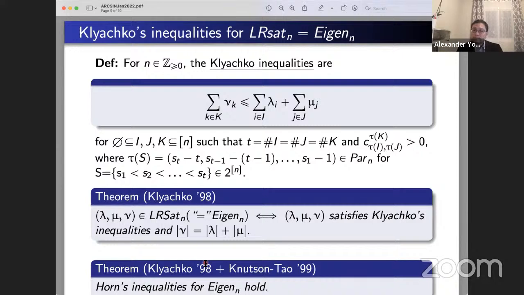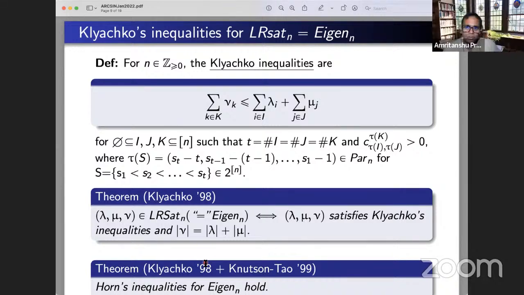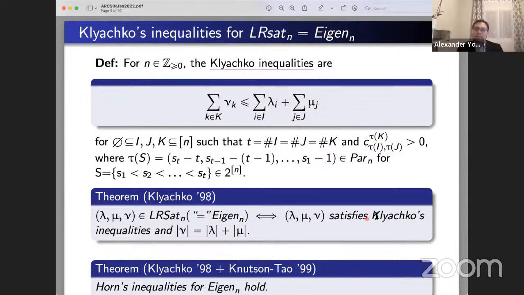Is that clear? So Klyachko actually refers to the Littlewood-Richardson rule. I don't know exactly what he was thinking, of course, but his inequalities are precisely Horn inequalities where you replace this with: does there exist a t by t Hermitian matrix with A plus B equals C?